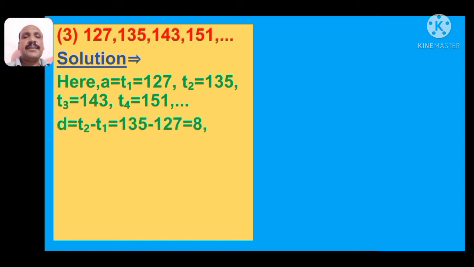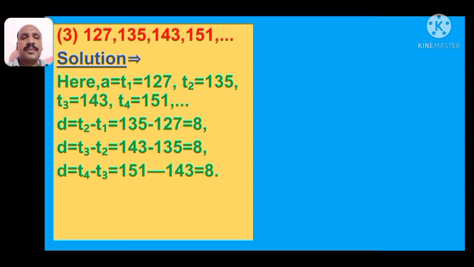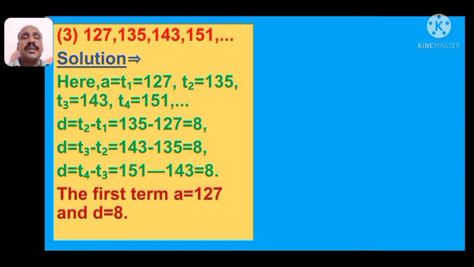Now we'll find the difference between two consecutive terms, that is T2 minus T1 is equal to 135 minus 127, which is equal to 8. T3 minus T2 is equal to 143 minus 135 is equal to 8. D is equal to T4 minus T3 is equal to 151 minus 143 is equal to 8. The first term A is equal to 127 and the common difference D is equal to 8.